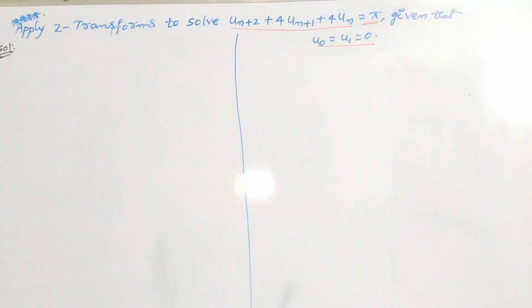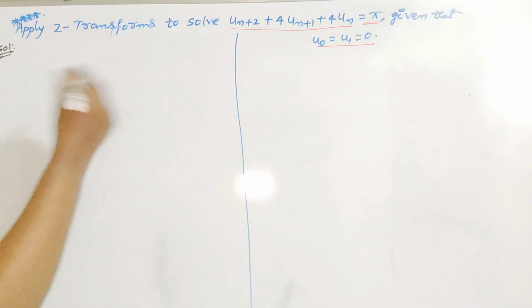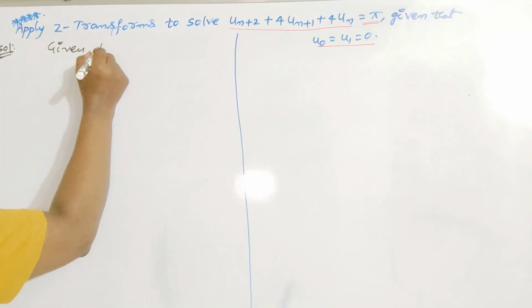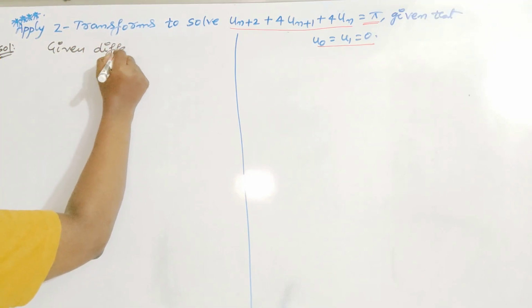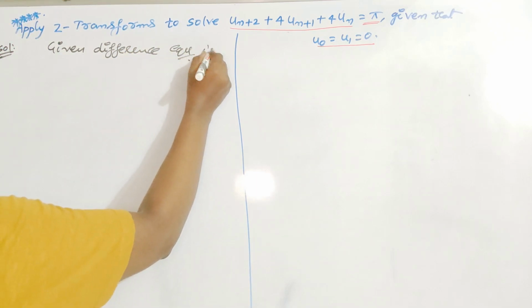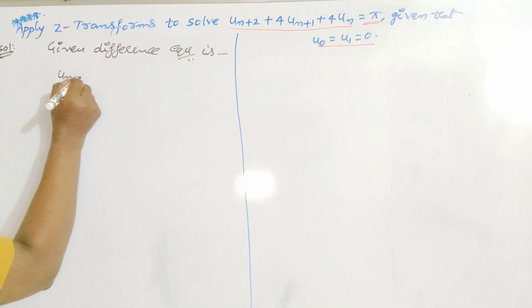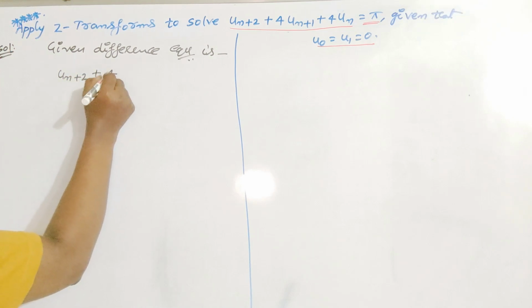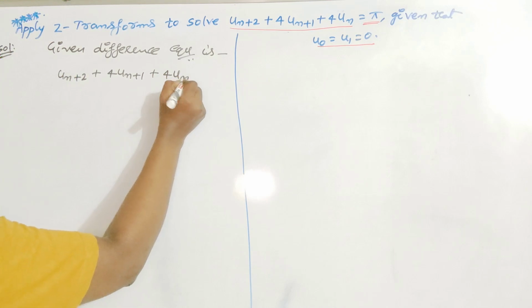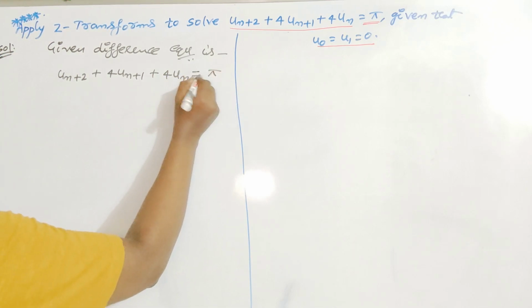First of all, let us write the given equation once again. The given difference equation is u(n+2) + 4u(n+1) + 4u(n) = π. Pi is the constant term.